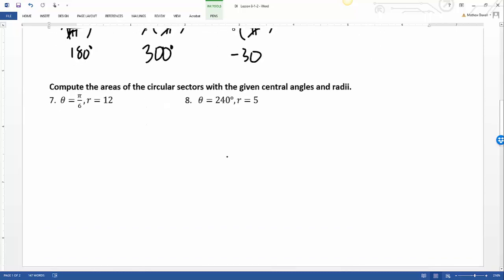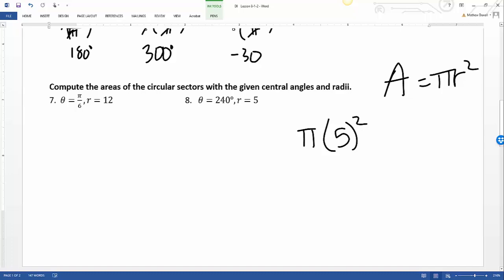Now, computing the area of a sector, we overcomplicate it. We need to know the area, which is pi r squared. That stays the same. Pi times r squared for this one. Nothing changed for that.